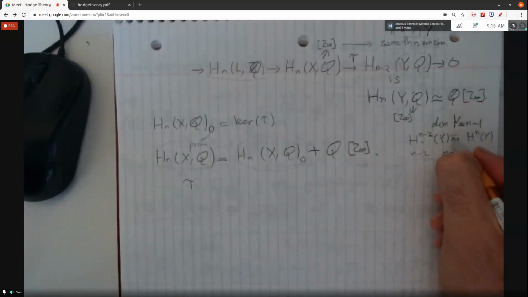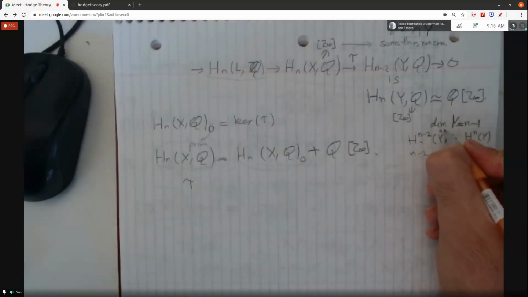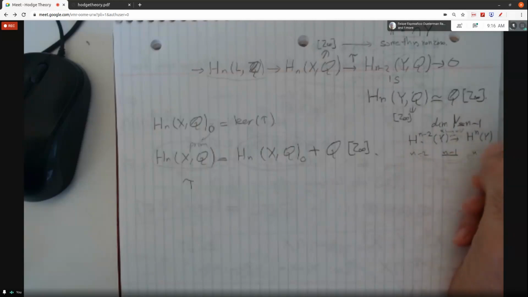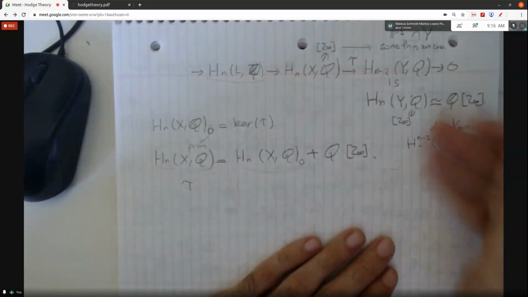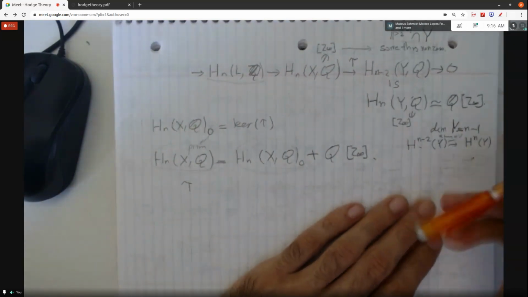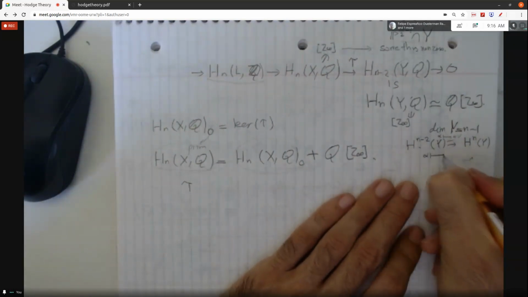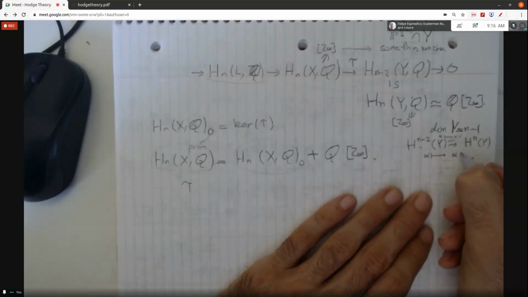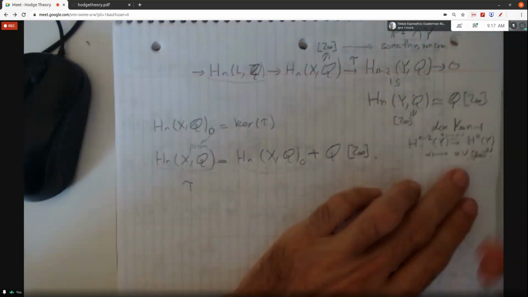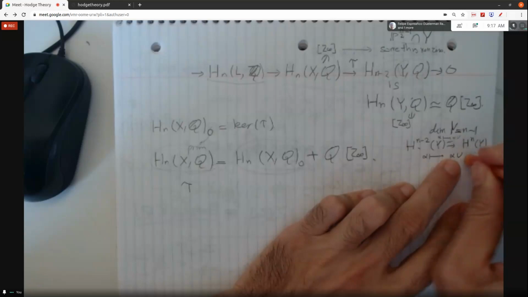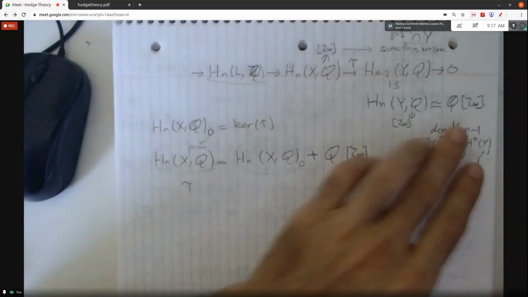And what was this map? This map was alpha going to alpha cup with the polarization, the class of the hyperplane section.